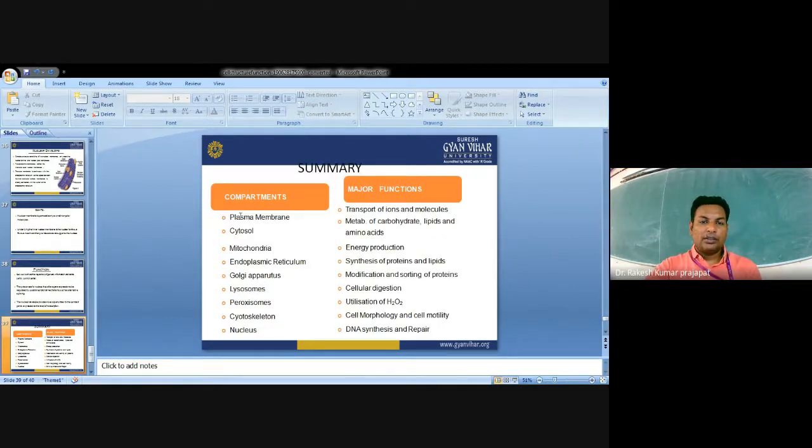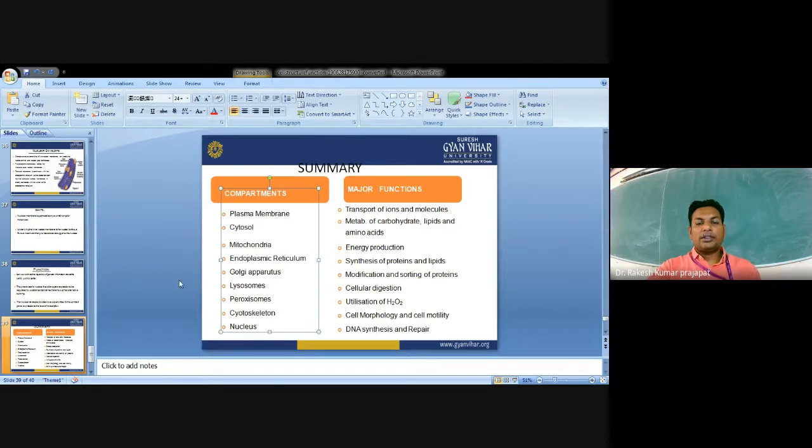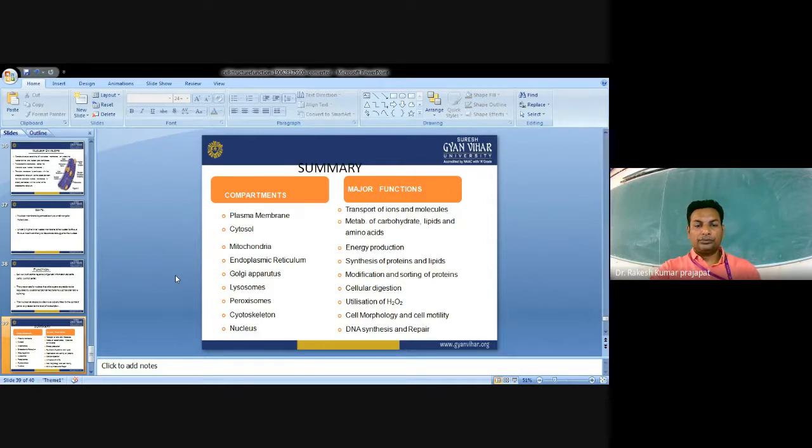Now that is the overall summary of each and every cellular organelle, along with their major functions: plasma membrane, transport of ions and molecules; cytosol, metabolism of carbohydrates, lipids and amino acids; mitochondria, energy production; endoplasmic reticulum, synthesis of proteins and lipids; Golgi apparatus, modification and sorting of proteins; lysosomes, cellular digestion; peroxisome, utilization of H2O2; cytoskeleton, cell morphology and motility; nucleus, DNA synthesis and repair.